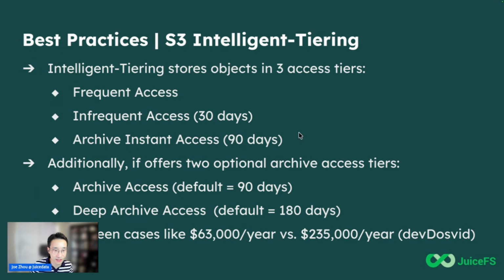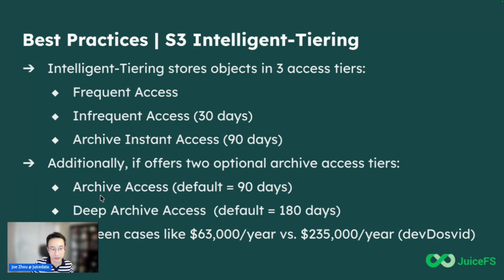But for all these three tiers, you can still access the data without restoration, which means you may have higher latency when reading from these, but you don't need to do the restoration. And these are the three that are enabled by default. But additionally, you can configure things like archive access or deep archive access.